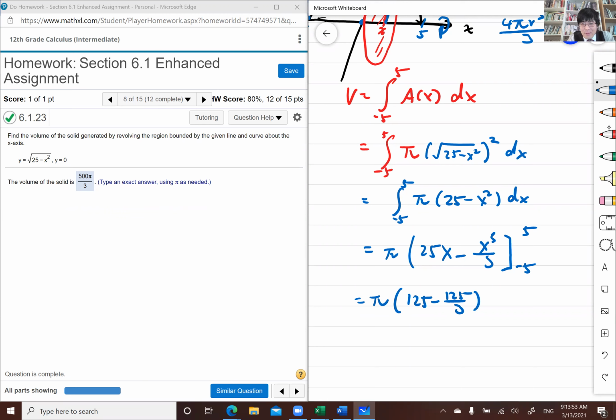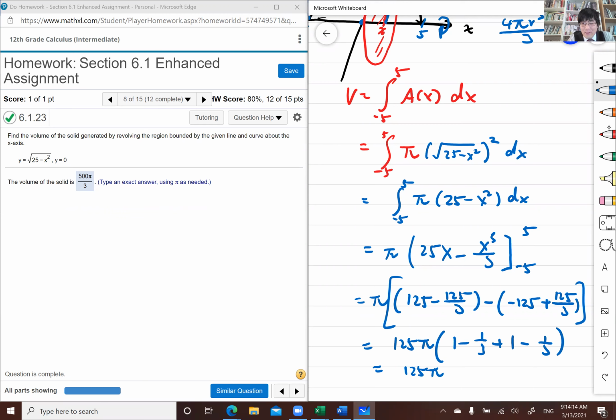This is after you plug in 5, and when you plug in -5, you're going to get the negative version. So everything is a multiple of 125. Put 125 out, and the inside of the parentheses becomes 4 over 3. So the answer is 500 pi over 3.